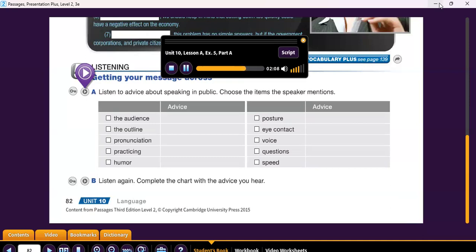Eye contact is also very important, but keep in mind that you shouldn't stare at any one person or area for too long. Keep moving your eyes slowly around the room from person to person. Your voice should sound friendly and natural and should be expressive rather than flat. After your presentation is complete, always welcome questions from the audience.